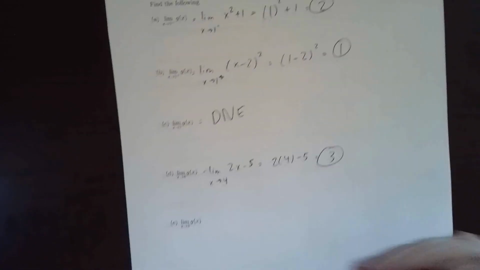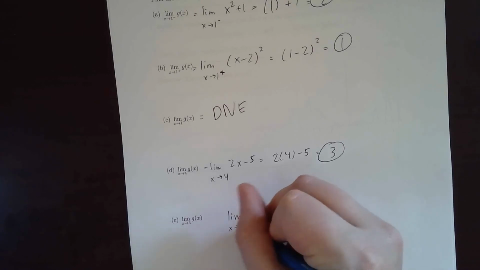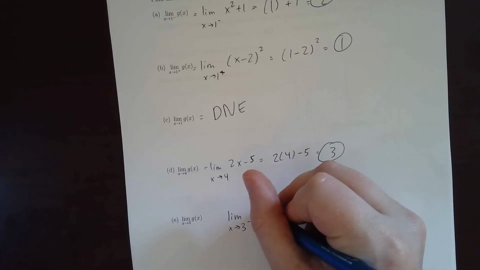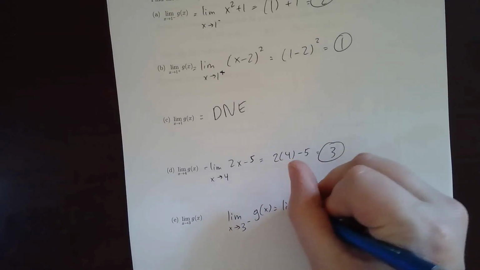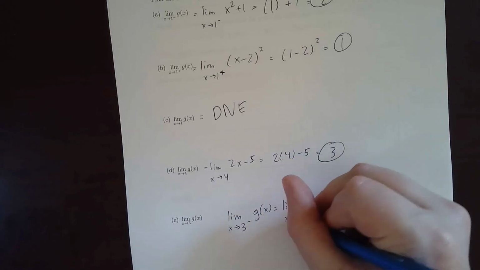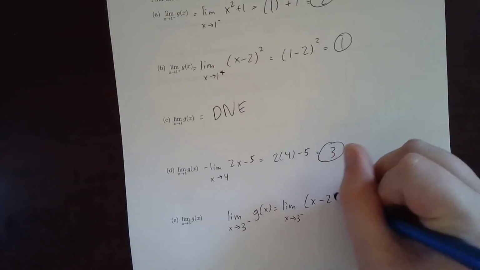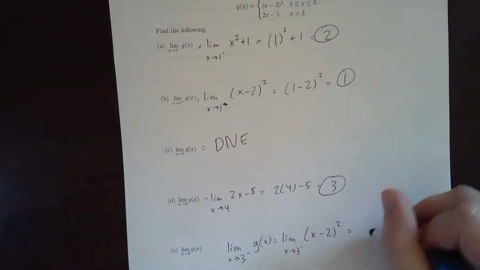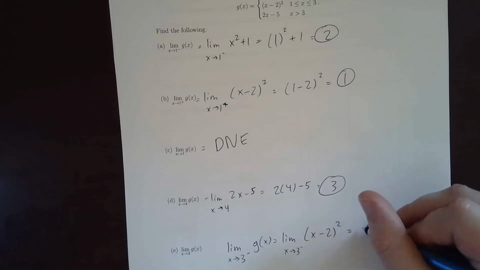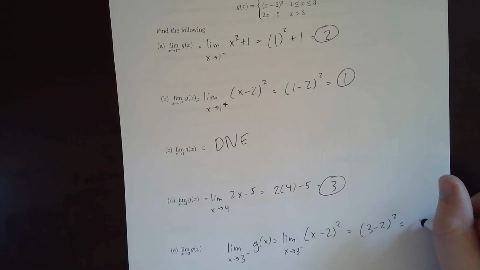So when we look at the limit as x approaches 3 from the left of g of x, this is the limit as x approaches 3 from the left of x minus 2 squared. So it'll be this part. So plugging it in, we'll get 3 minus 2 squared, or just 1.